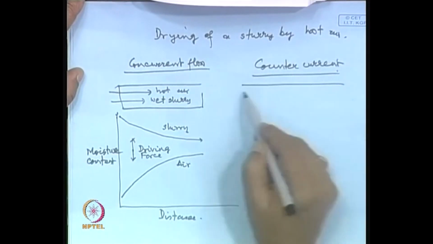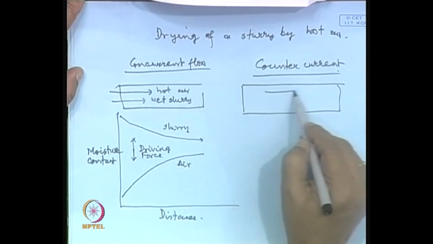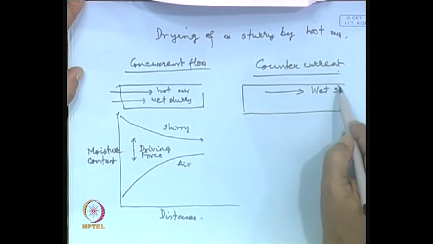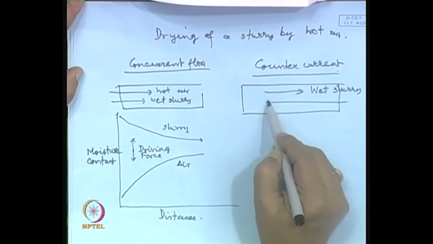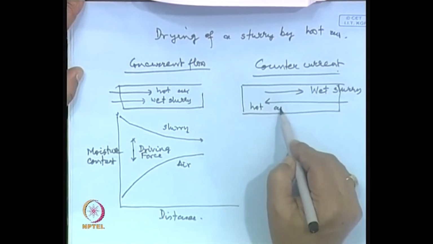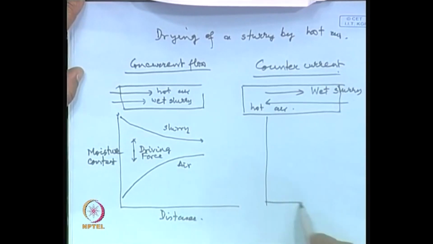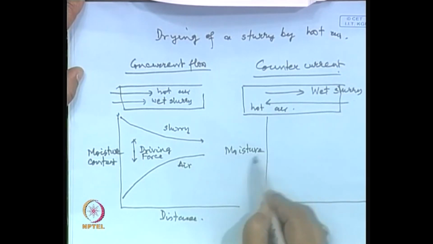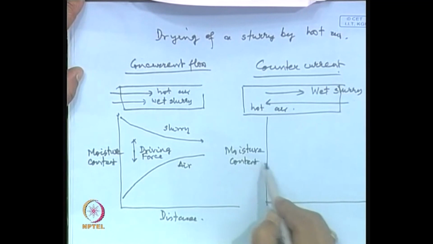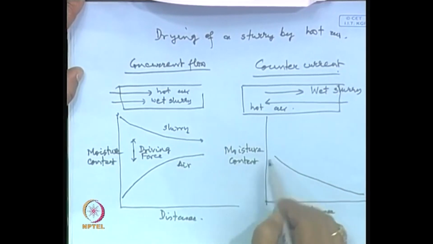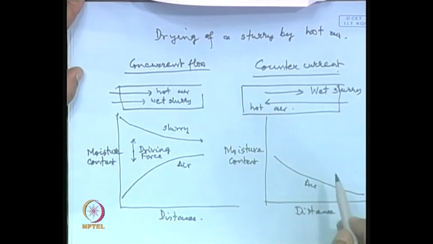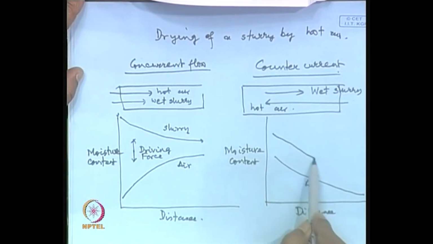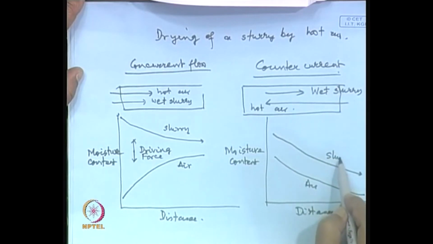flow, the wet slurry is moving in one direction, the hot air is moving in another direction, and there the picture would be something like this: moisture content, is the distance, hot air is going to pick up moisture, whereas slurry is going to lose moisture with distance.